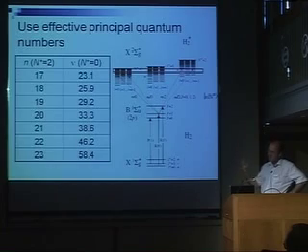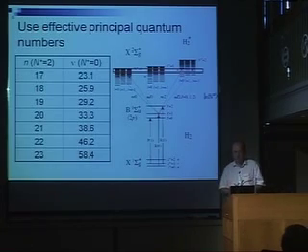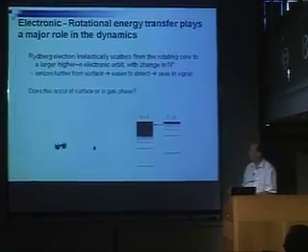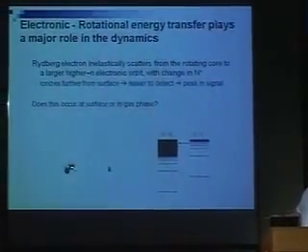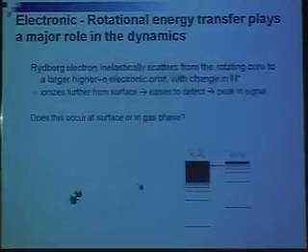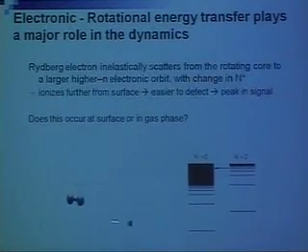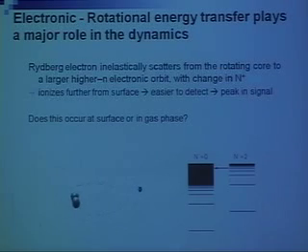That's because the energy has been transferred from rotation into the electronic motion. And this is a little video that shows that: here's a fast rotating H2+ molecule. It's just exchanged energy. The electron has gone out into a higher orbit, and now it can ionize further from the surface.